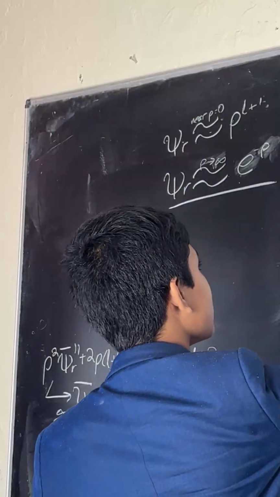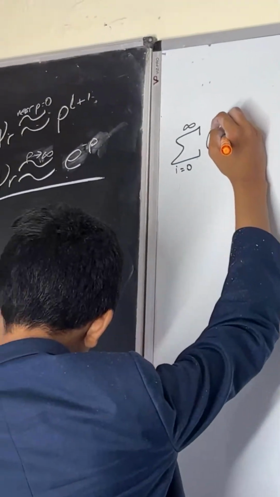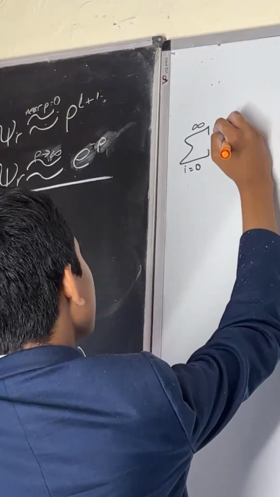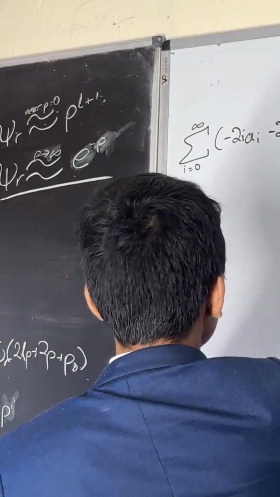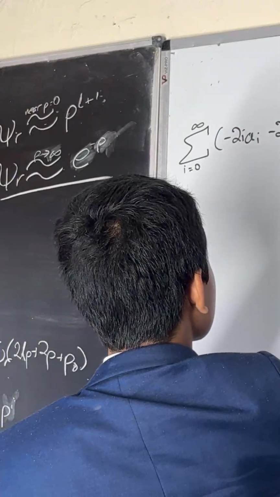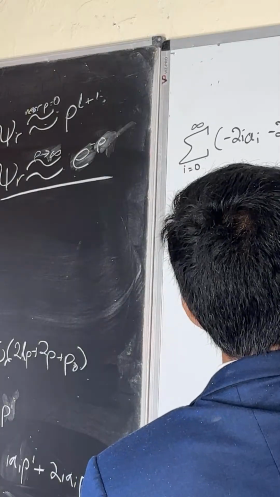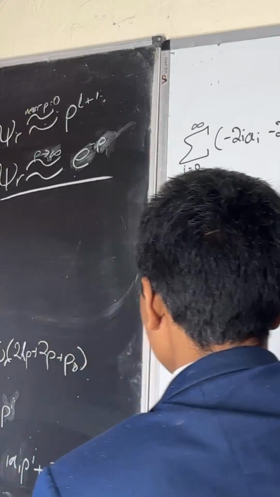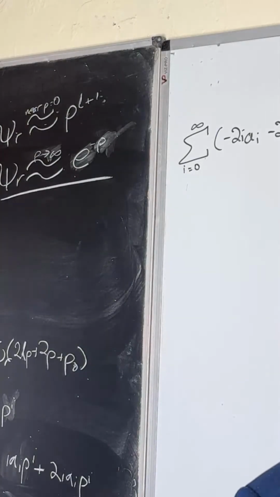So we have to show that the sum from I equals 0 to infinity of the first behemoth, let me look for the I plus 1 terms, minus 2I A I minus 2L A I plus 2 A I rho to the I plus 1, plus rho naught A I, plus A I times I times I minus 1 plus 2L I A I plus 2I A I, times rho to the I, has to be equal to 0.